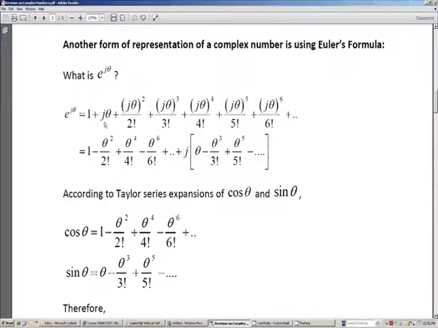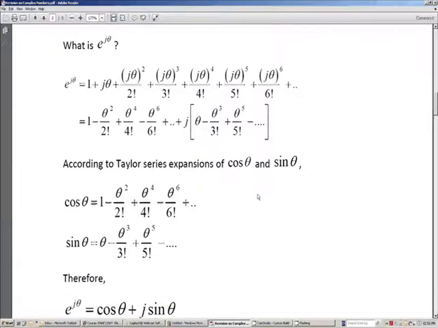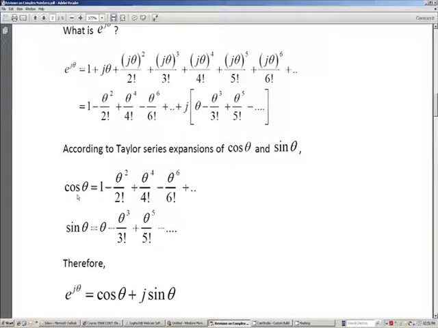So j theta will be there, and then we end up with minus j theta cubed divided by factorial 3, and the next one will be plus theta to the power 5 divided by factorial 5, minus, etc. And then if you remember the Taylor series expansion of cos theta and sin theta, you will see that cos theta is equal to 1 minus theta squared divided by factorial 2 plus theta to the power 4 divided by factorial 4, and so on.